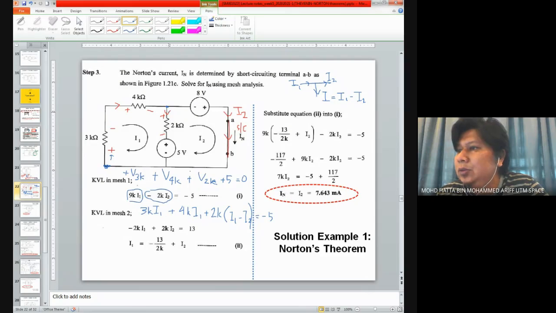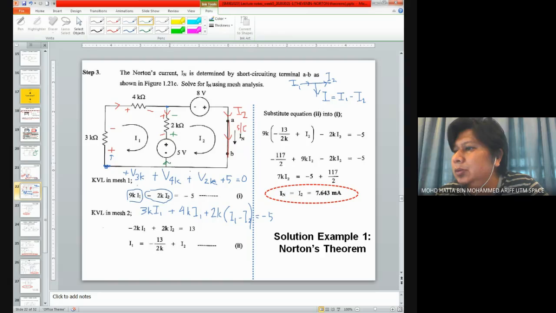For mesh number 2, again, we do the same procedure. In this mesh, we only have one element that has a voltage drop. Here I label, if the current is flowing that way, it means we're going to have a voltage polarity set up like that.